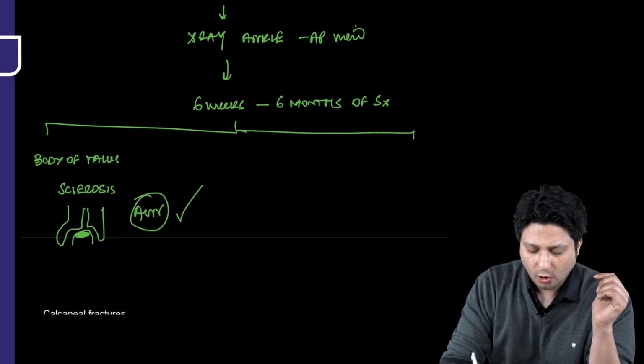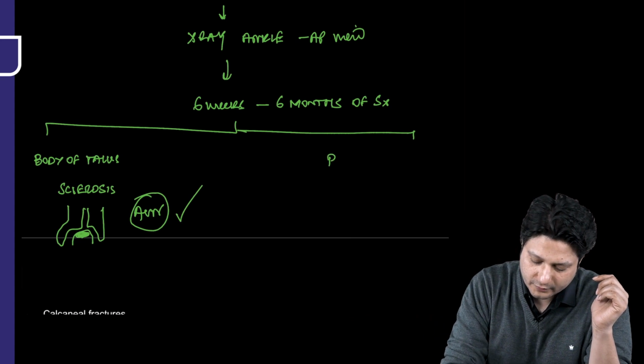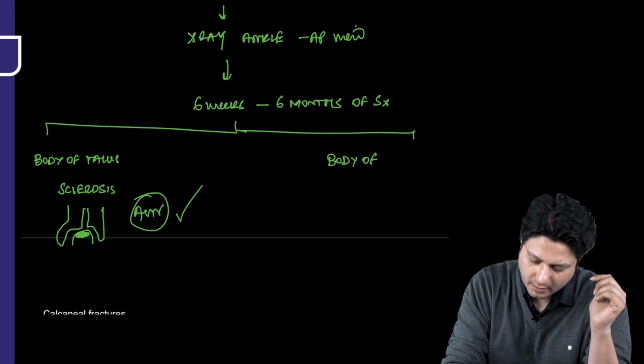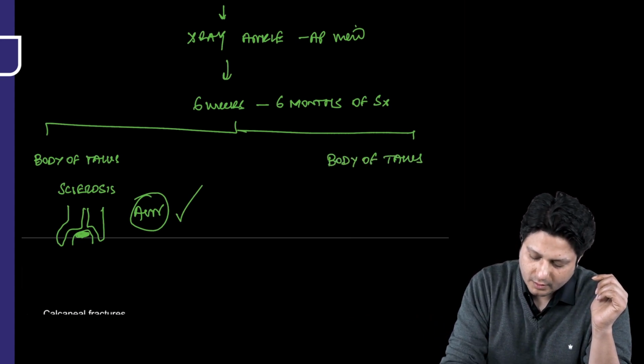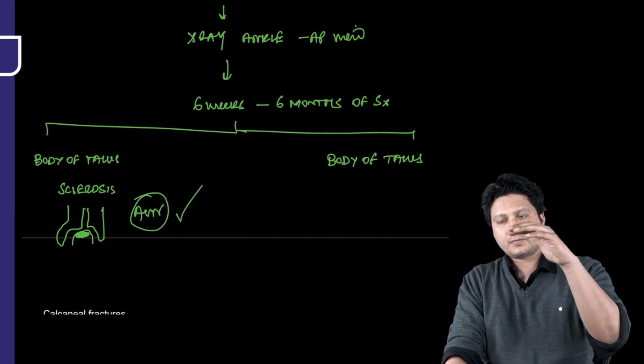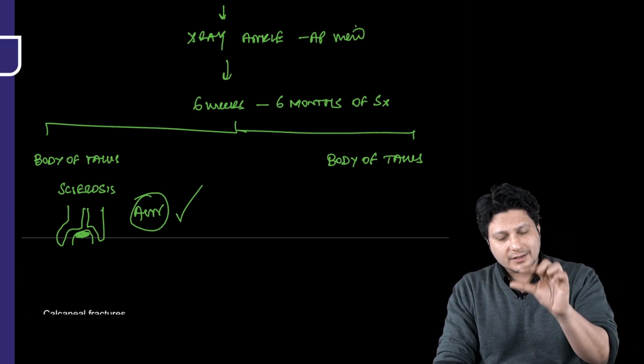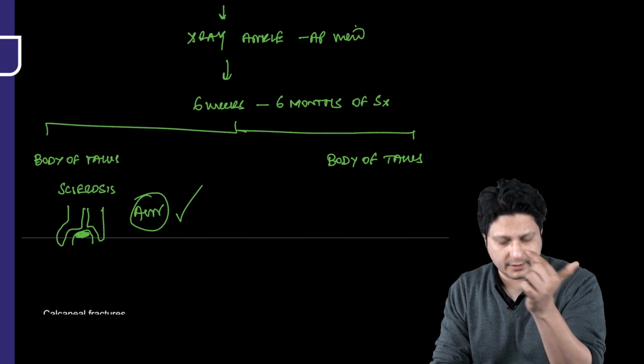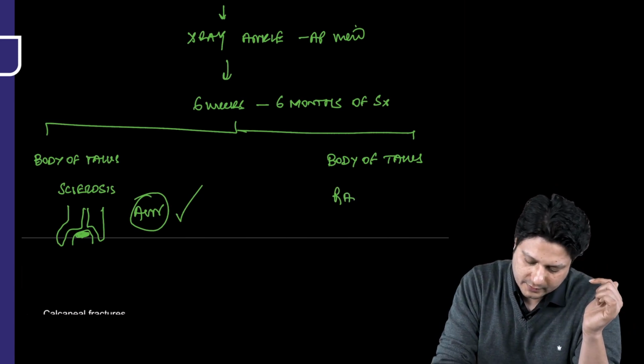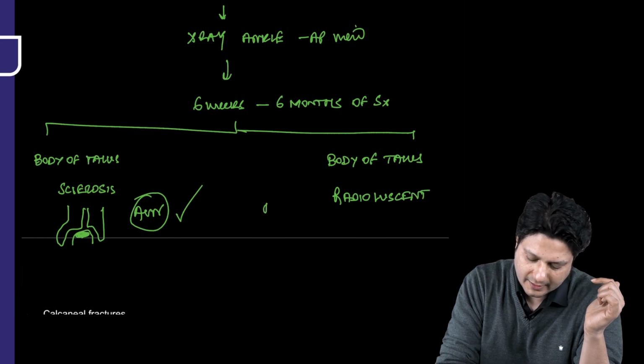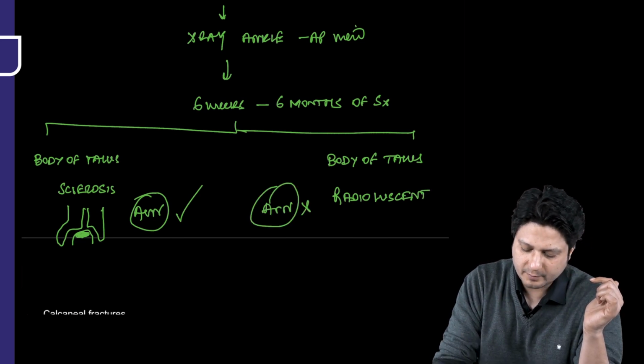On the other hand, if the articular or periarticular region of the talus remains radiolucent, that means the patient has not achieved AVN. That means there is no AVN.